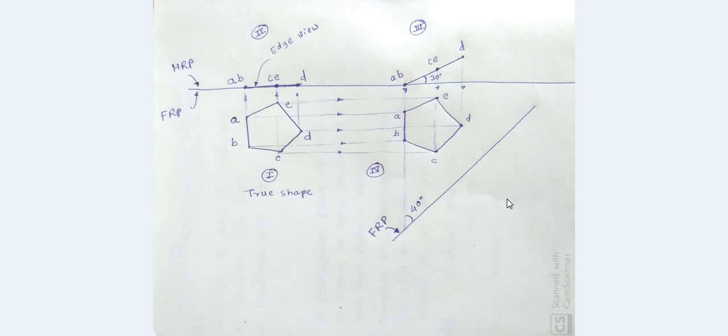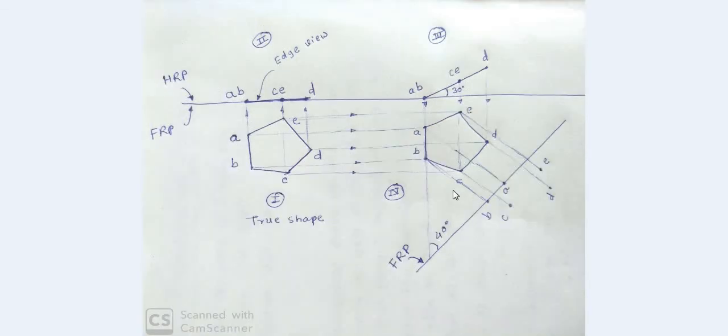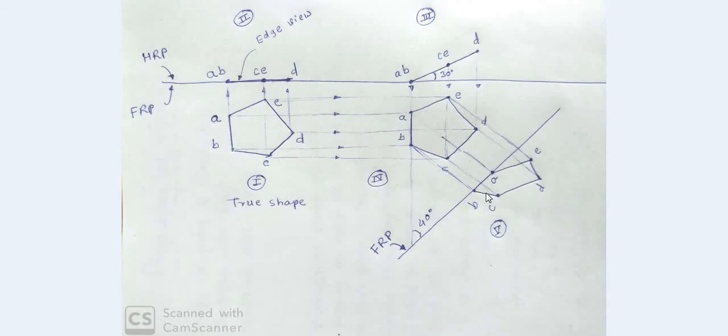We want points in this plane, so we will skip this adjacent plane and we will move to the next to adjacent one, and we will transfer distances of A, B, C, E and D from this plane into this plane. So in the last step we will be transferring all points A, B, C, D and E in this new view by taking distances from the next to adjacent. And finally we will join these points to complete our problem.